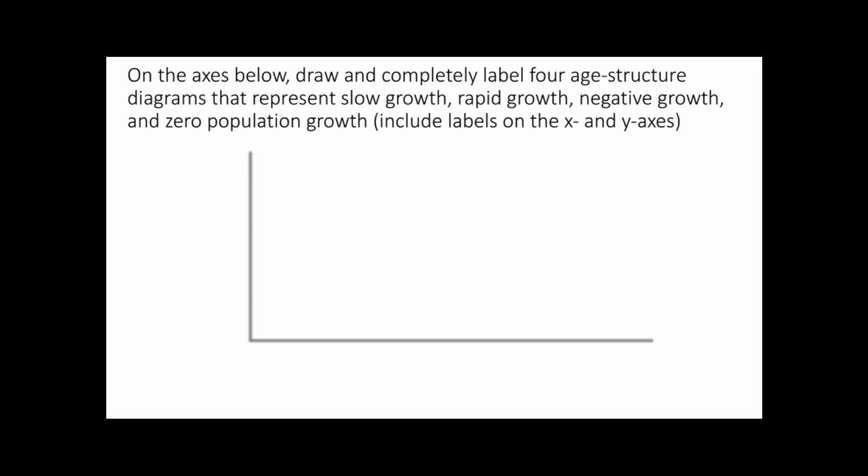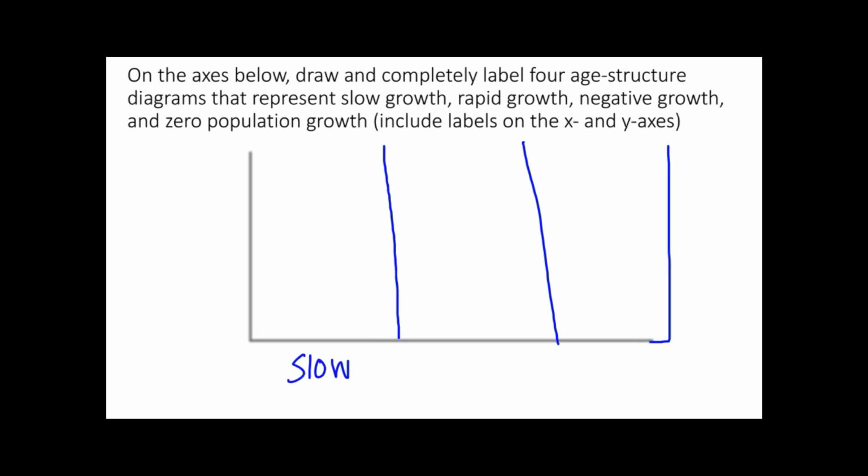So here's what we're going to do. We have slow, rapid, this is really fast, negative, and 0. And these are our population pyramids. Okay.